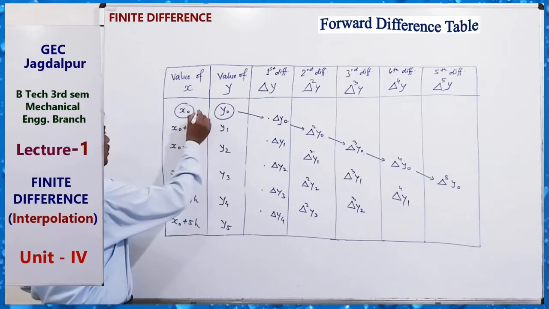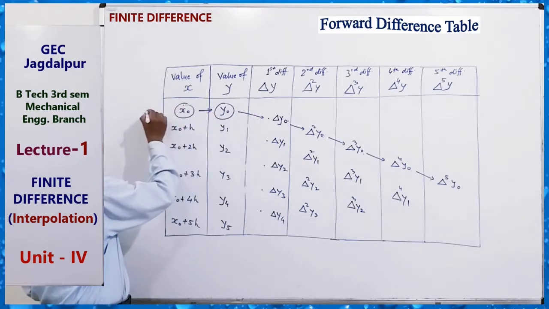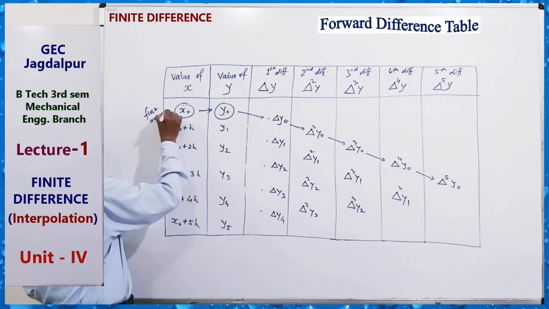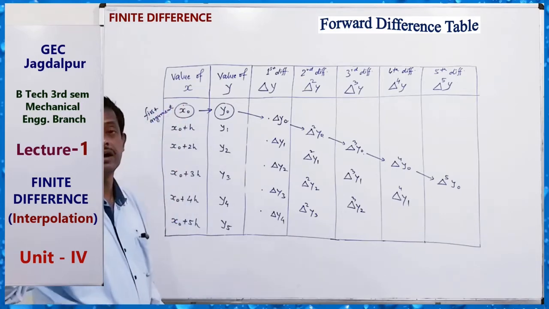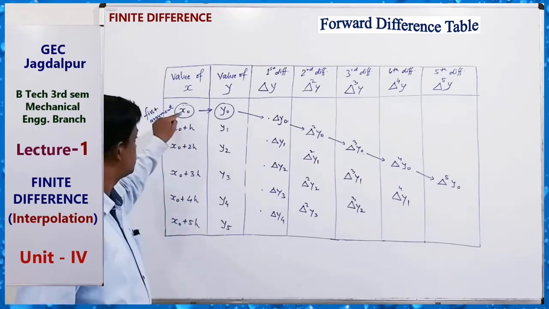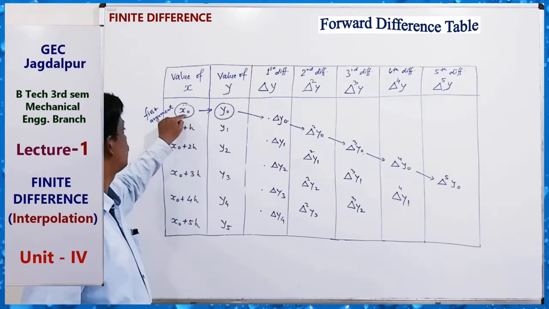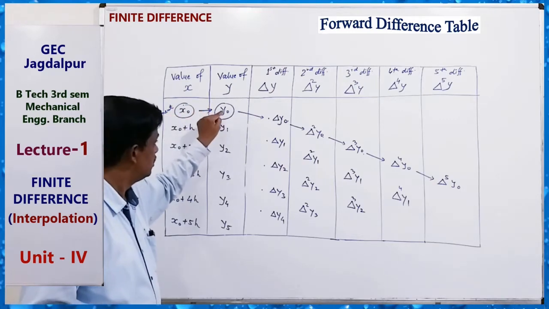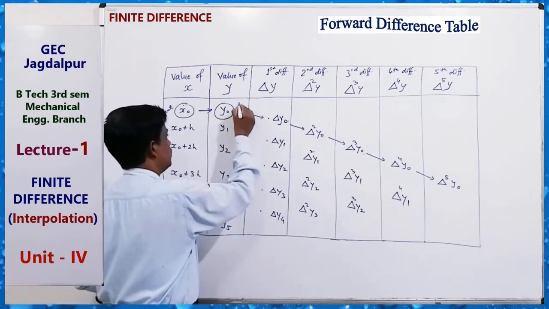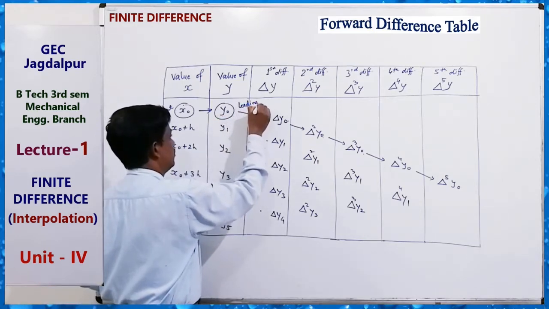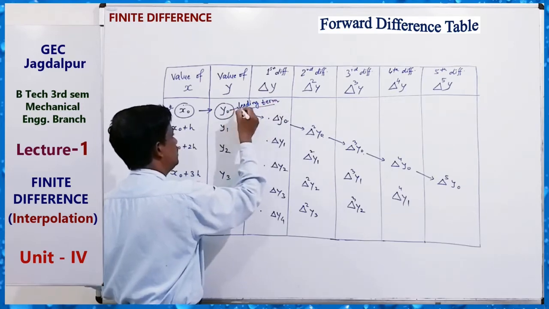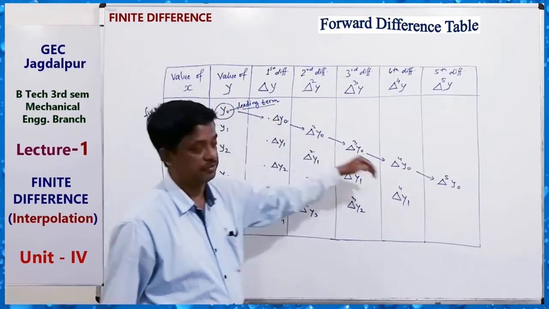When this is the first argument, or origin argument, then this first entry is called the leading term, and these are the leading differences.